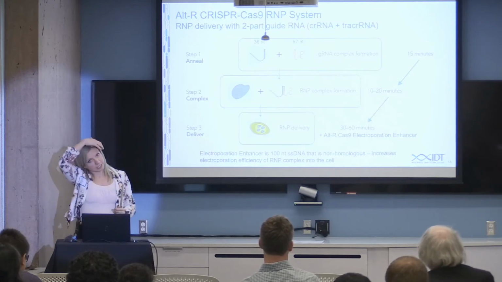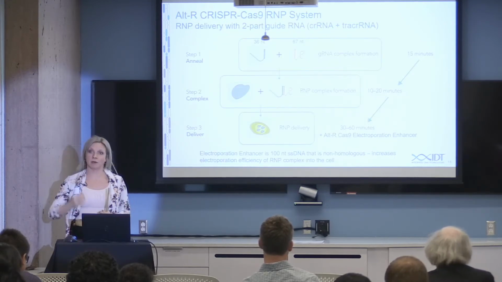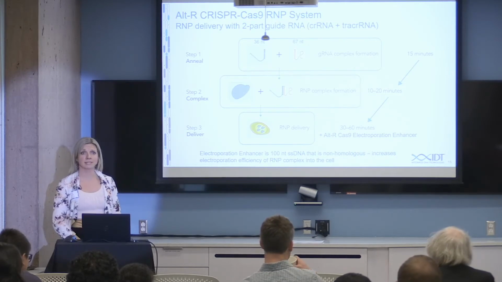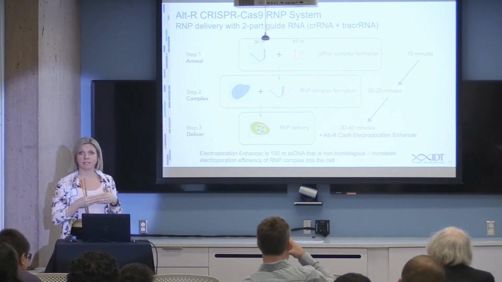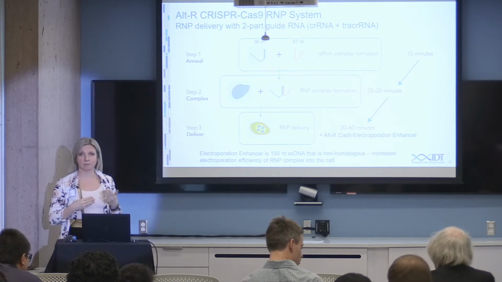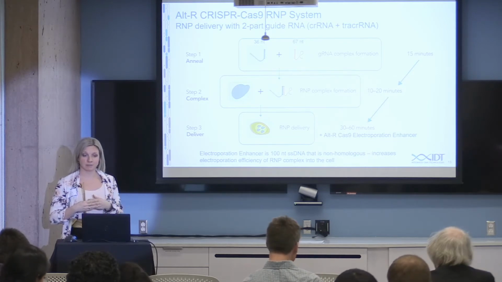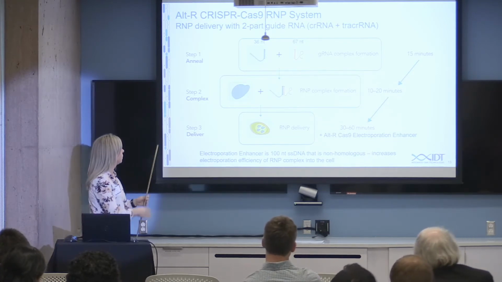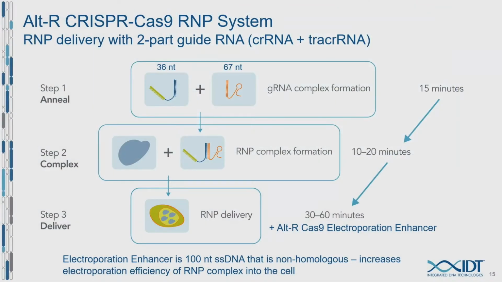So I just briefly wanted to touch on how to make the RNP. These all come as experiment-ready reagents. The protein, obviously, you can have stocked in your lab. To make the two-part, you would get your target-specific crRNA. You can use the design tool to design that.